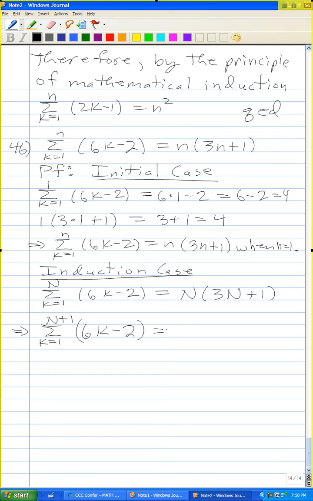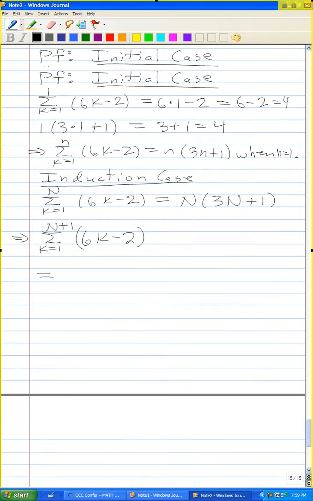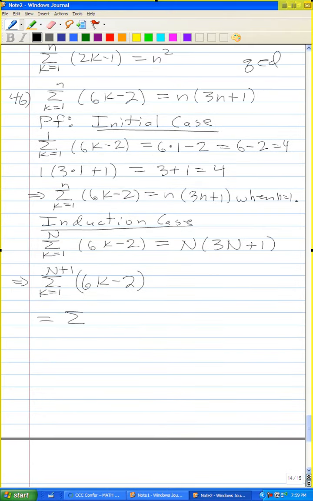So this is the same as the sum of the first n terms plus, well, let's give it some more room here. So this is equal to the sum of the first n terms plus the n plus first term.